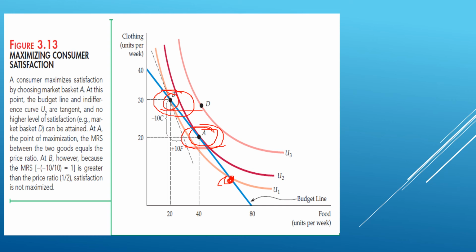Now dealing with this one, the question is, which combination are you going to take? Are you going to take B here, wherein you're going to take more of clothing and less of food? Okay, but your satisfaction will be lower compared to your combination A. Because at combination A, you will have lower clothing and higher food, but the satisfaction is bigger.